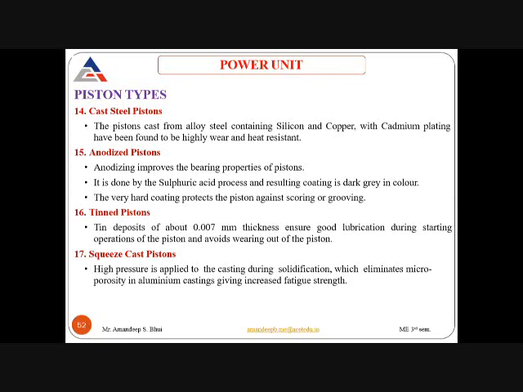Porosity is the small voids or air voids that are there inside the material. Under high pressure, these voids can be eliminated, and this increases the fatigue strength of the material. So squeeze casting is applied, in which the casting is done under high pressure.